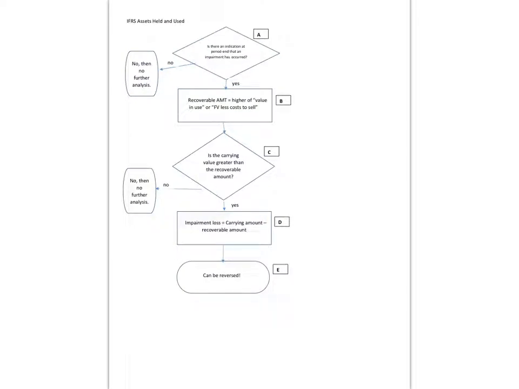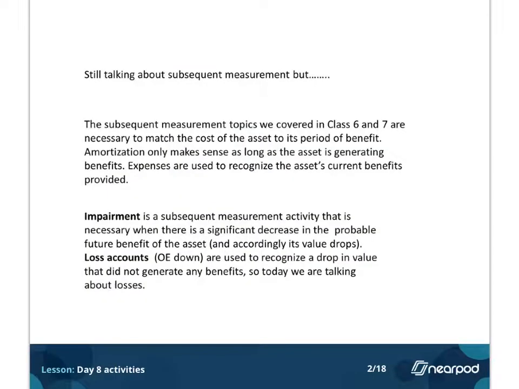This is the IFRS assets held and used flowchart, and this is the IFRS goodwill flowchart. So let's just jump into the activities. At the beginning of class, we talked about the fact that the big difference between subsequent measurement that we'd covered up until this point is that depletion and depreciation and amortization all deal with assets that are being used productively.